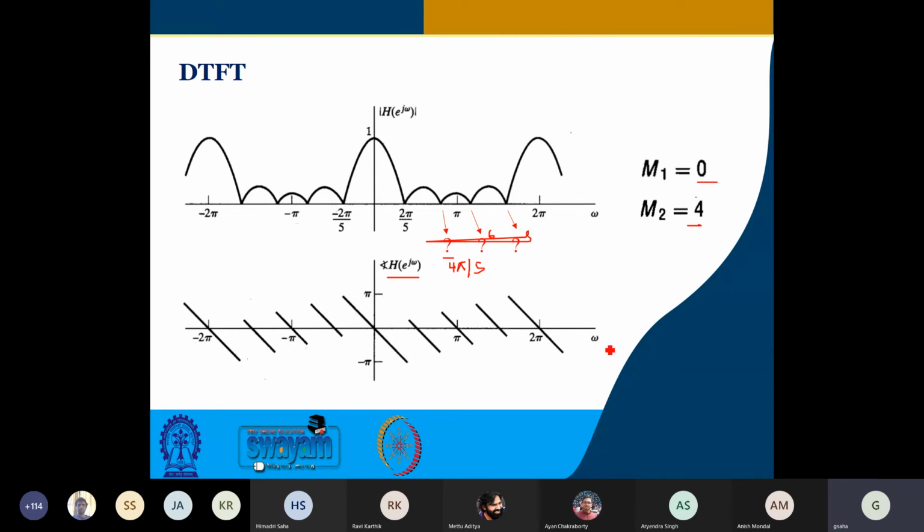Okay. Phase response, if you plot, if you see the book and all, it looks something like this. Can you tell what is happening? Why is there again a jump, etc.? There is a jump because you are taking modulo pi.